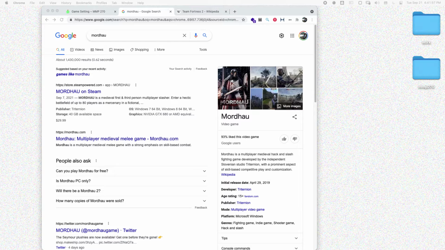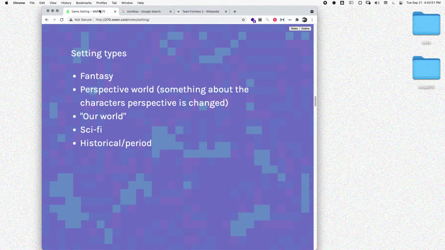Usually with historical and period games, they are set in a time in the past, and they're trying to recreate aspects of that time. They'll recreate the technology, they might recreate the socio-political environment or different aspects, and then put us in it. A lot of simulation games work this way, like Civilization, where you're managing resources and politics.